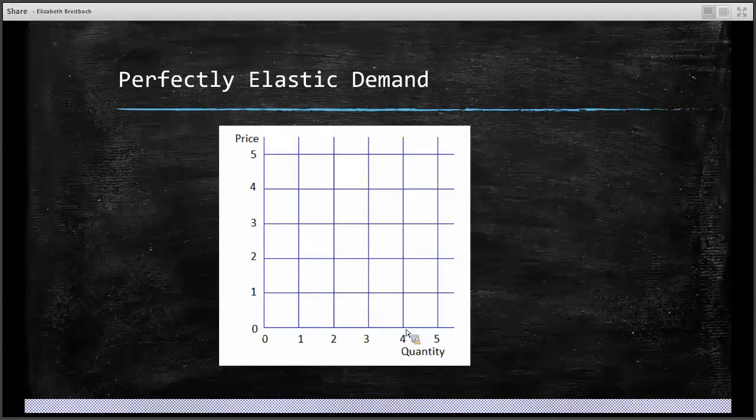All right, what about perfectly elastic demand? Perfectly elastic demand is going to tell us it doesn't matter, all that matters is price. All that matters is the price of the product. If the price of the product is set perfectly, I will consume an unlimited amount of that product. And so let's assume that that price is $3.